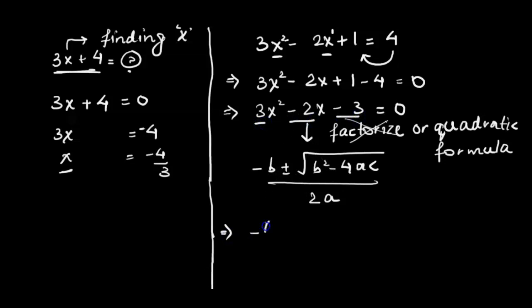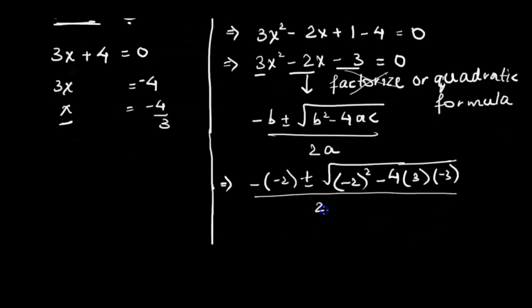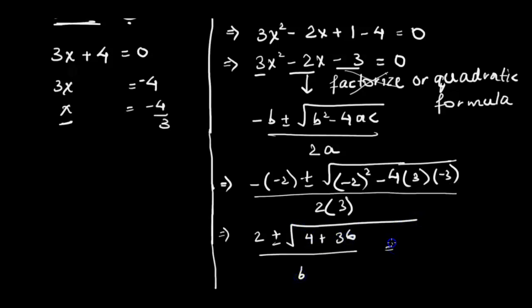Negative b means negative of negative 2, plus minus square root of b, which is negative 2 squared, minus 4, a is 3, c is negative 3, divided by 2a, a is 3 again. So we would be left with 2 plus minus square root of 4 plus 4 times 3, 12 times 3 is 36, divided by 6. This would give us 2 plus minus square root of 40 over 6.